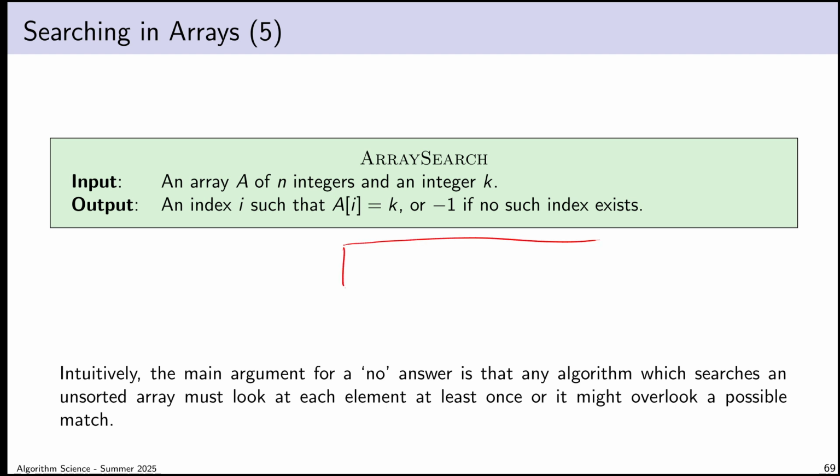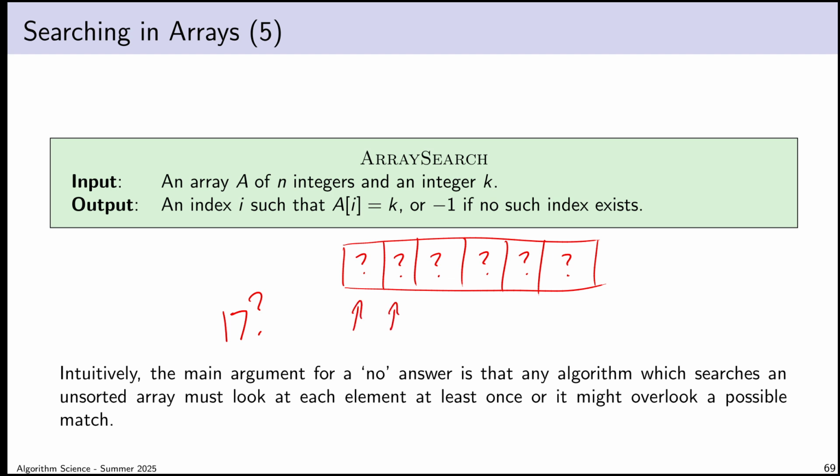Here's an array of size 6 again. I want you to tell me, is the number 17 in this array? And you don't get to know what's in any of these positions until you go and look. Because you don't know that the array is sorted, the array can be in any arbitrary order, and the only way you can tell me for sure that the element 17 is not in this array is by looking at every single element.